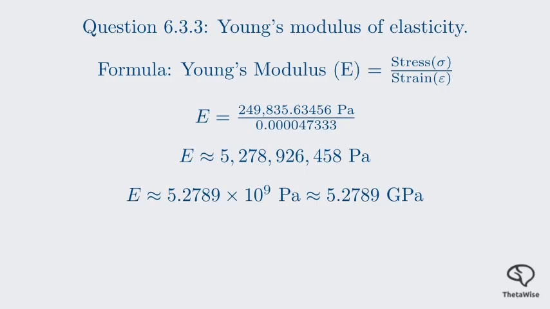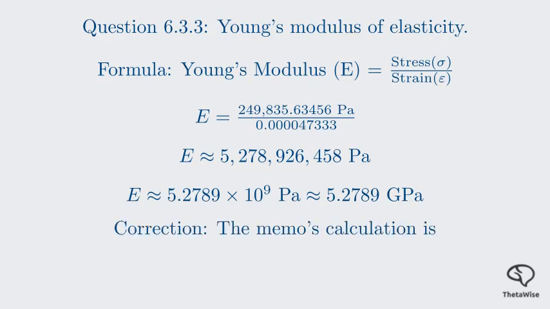Let's re-examine the memo's calculation. The memo calculated stress as 249,835.6345 pascals. This is correct. It then calculated strain as 0.213 divided by 4,500, which gives 4.733 times 10 to the power of -5.